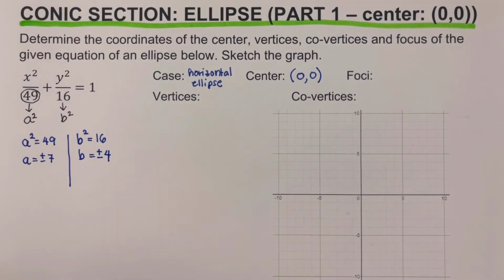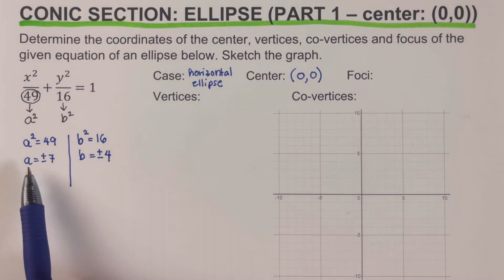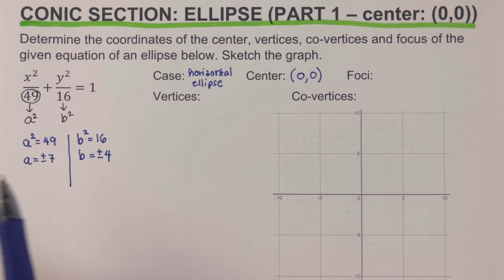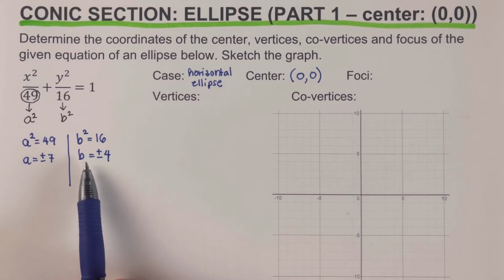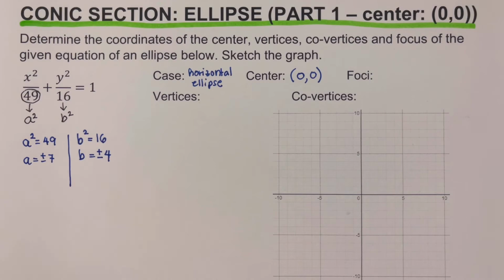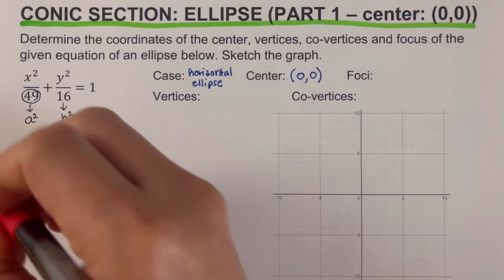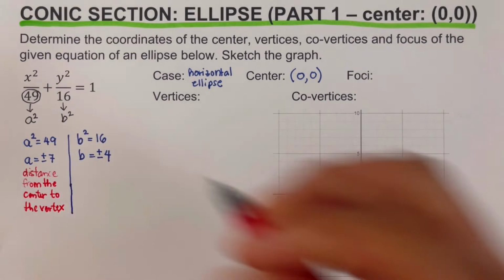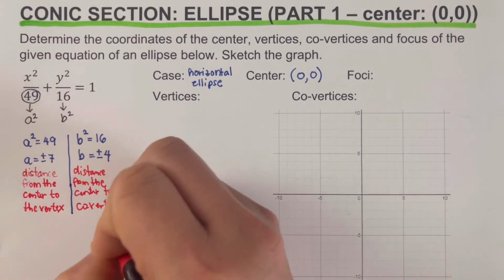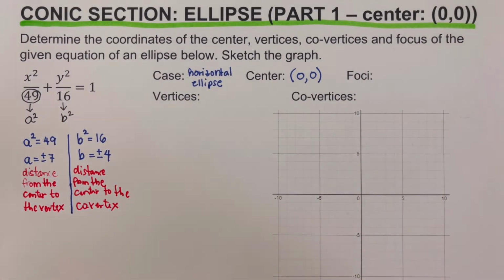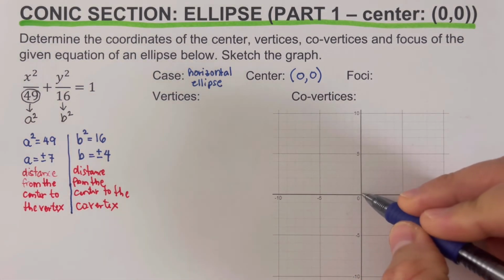Now we remember that A is the distance from the center to the vertex and B is the distance from the center to the co-vertex. So I'm going to write that down here. Okay, so what we are going to do is that we have a center at 0, 0.